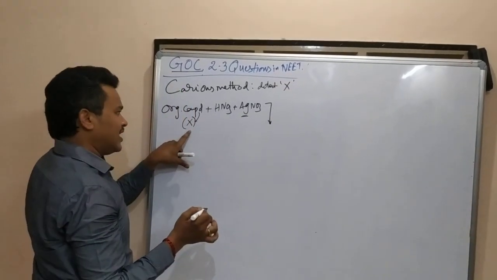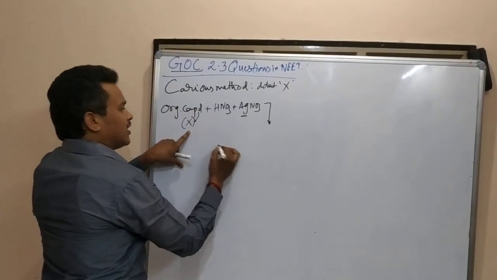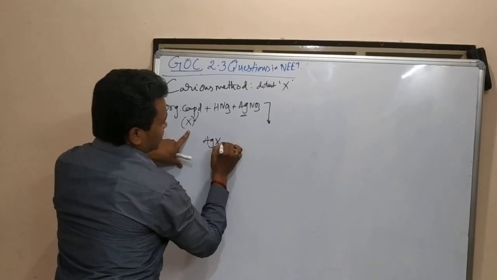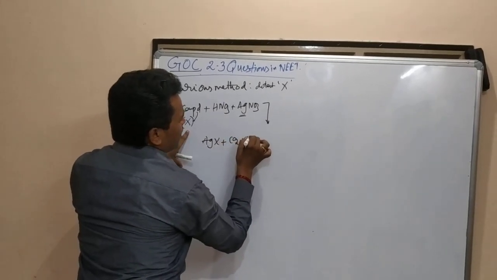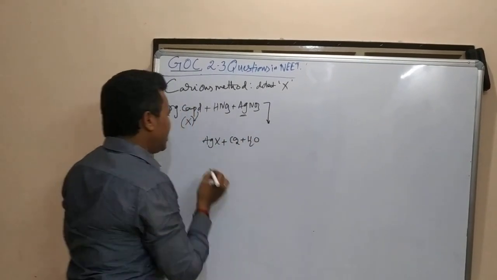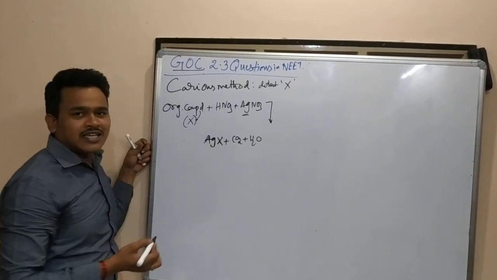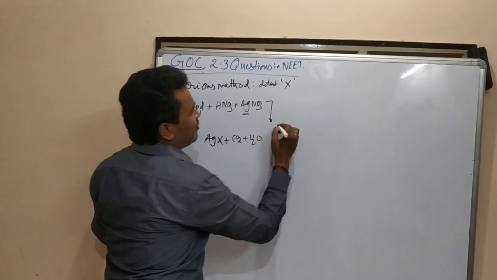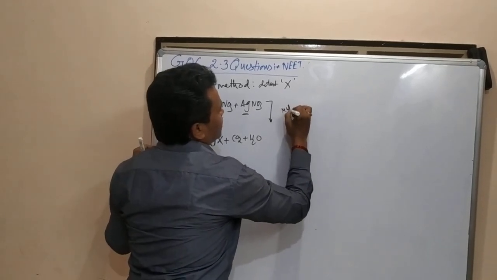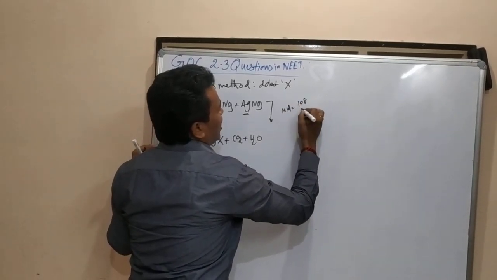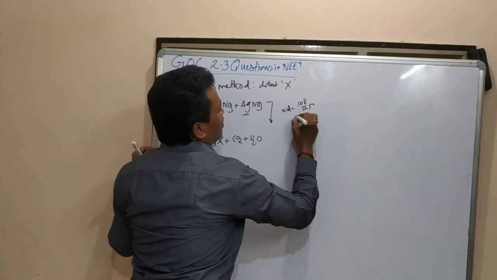So the halogen X present is going to react, forming AgX, some CO2 and some water. I don't want that. My concentration is on AgX, silver halide. What is the molecular weight of silver halide? Silver is 108, halogen 35.5.